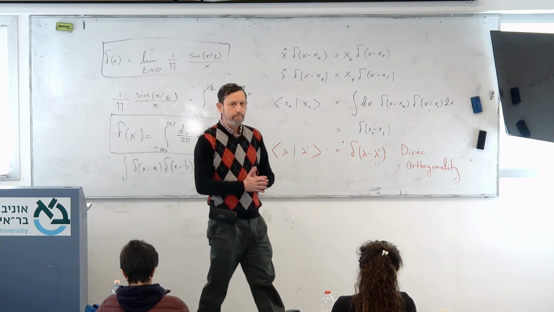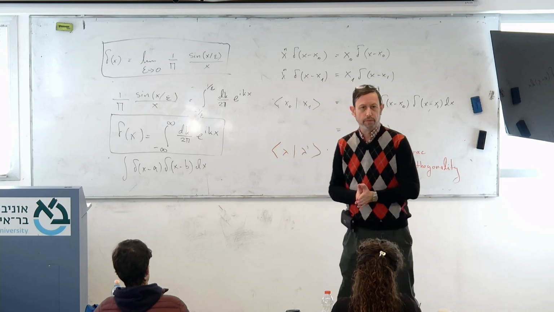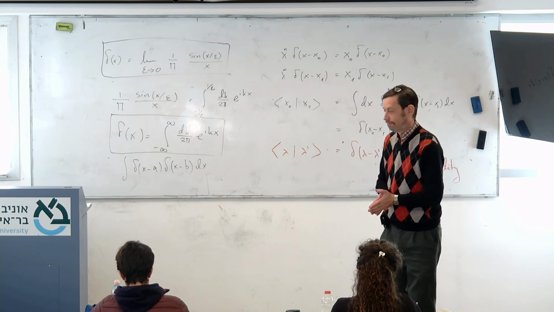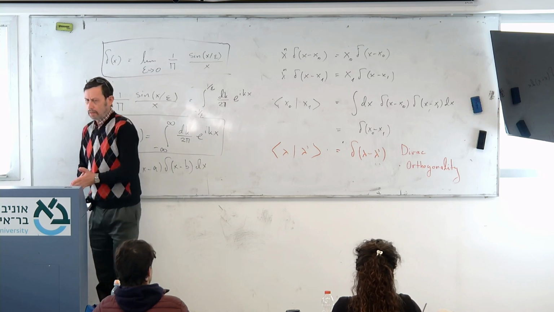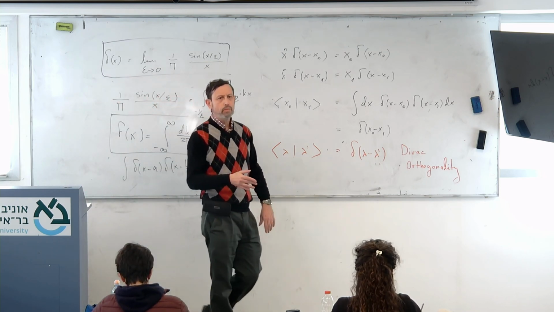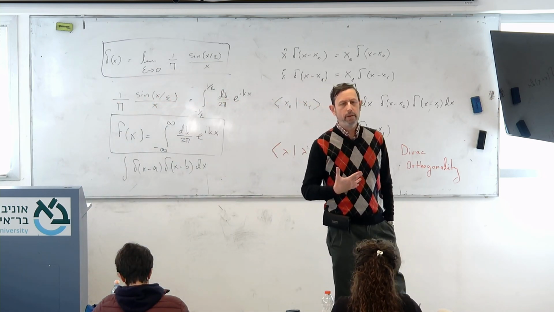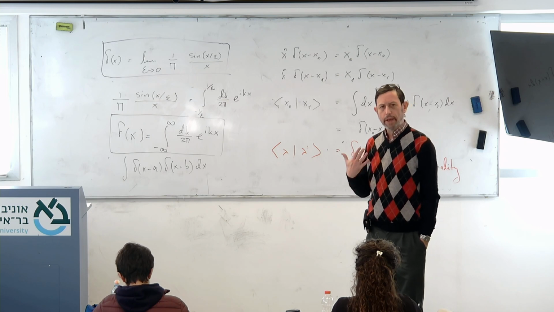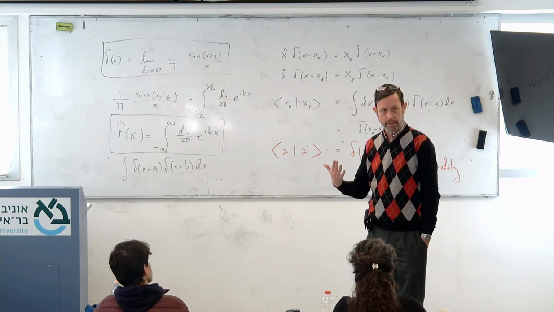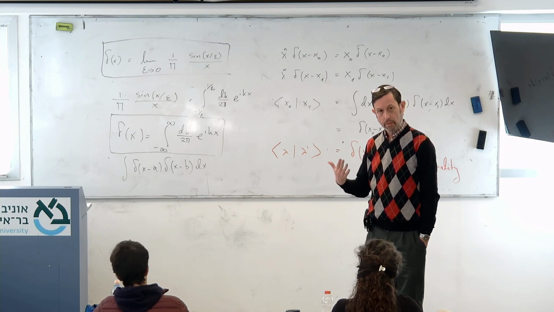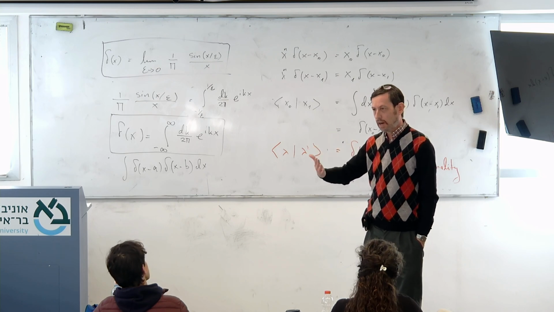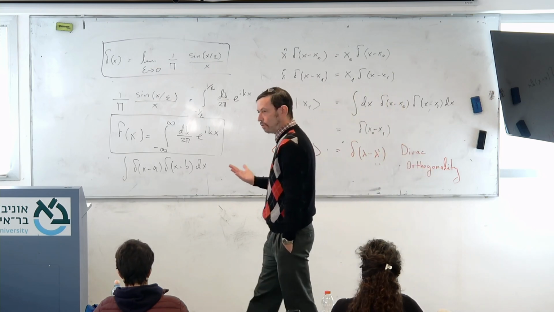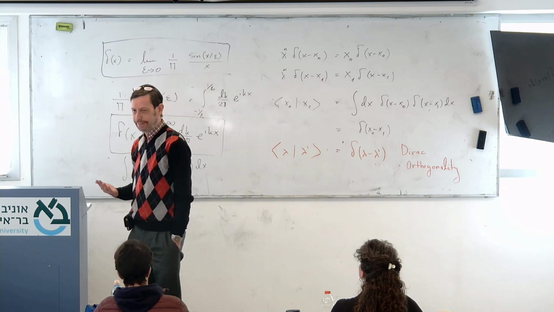Okay, another point that creates a lot of confusion. Basically, what did we say about any wave function in Hilbert space? We can build it out of a basis that are the eigenvectors of some operator.